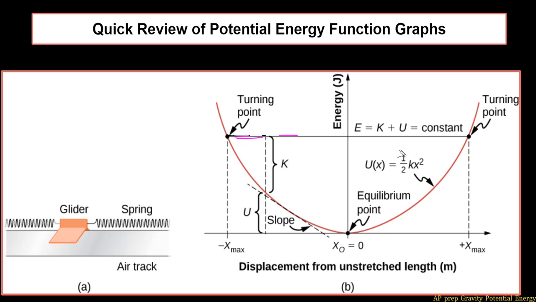That's your turning point, because if this is your stored energy at some point, then this must be your kinetic energy at some point. So the pink plus the yellow add to the total. Okay, so the red graph is your stored energy, the pink line is your total energy, and the difference is the kinetic energy.